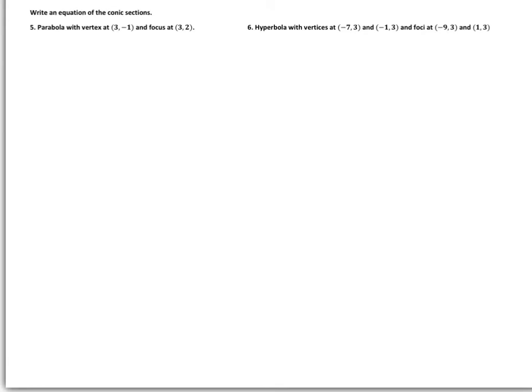It says write an equation of the conic sections. Okay? So it's a parabola's vertex, so I know h equals 3, k equals -1, so I have this much. X minus 3 equals y plus 1.